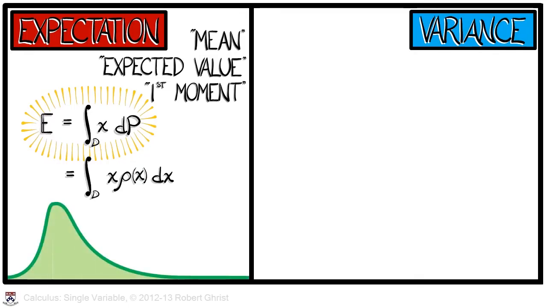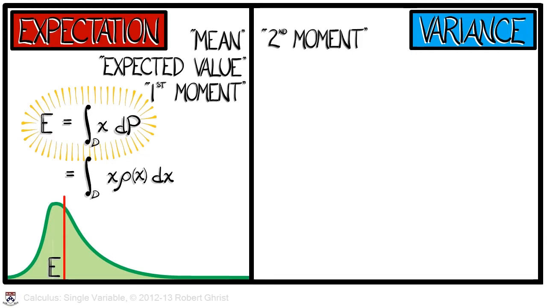The expectation is telling you something about the most likely value, or the average value. Now, it may occur at the peak of the probability density function, or it may not. It depends on how that density is distributed over the domain.